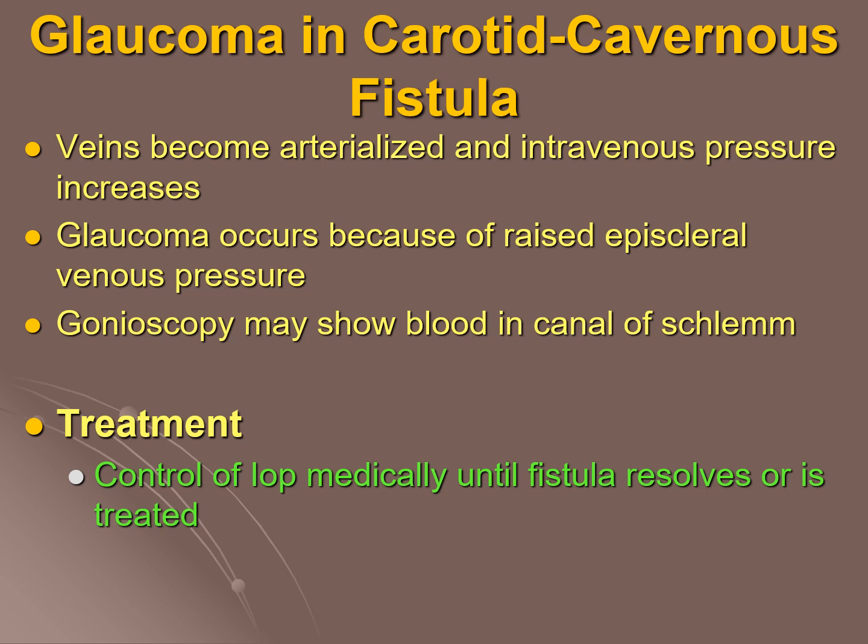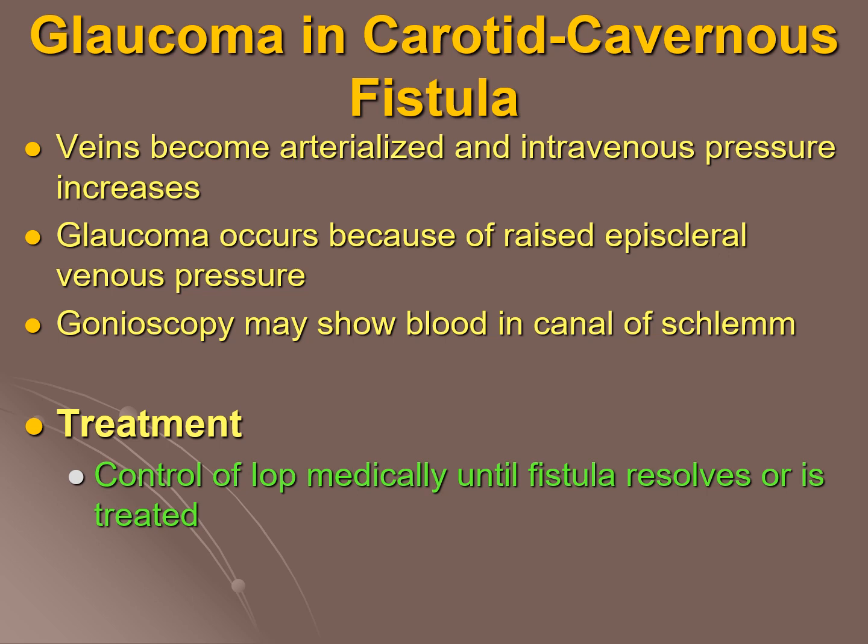Glaucoma in carotid cavernous fistula. In this case, there is communication between the carotid artery and the cavernous sinus so that the venous flow becomes arterialized. So the veins become arterialized and intravenous pressure is increased, resulting in glaucoma because of raised episcleral venous pressure.